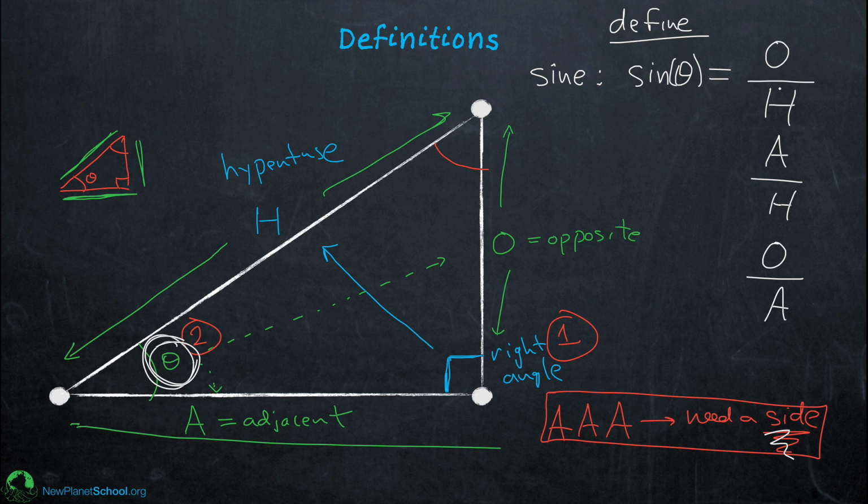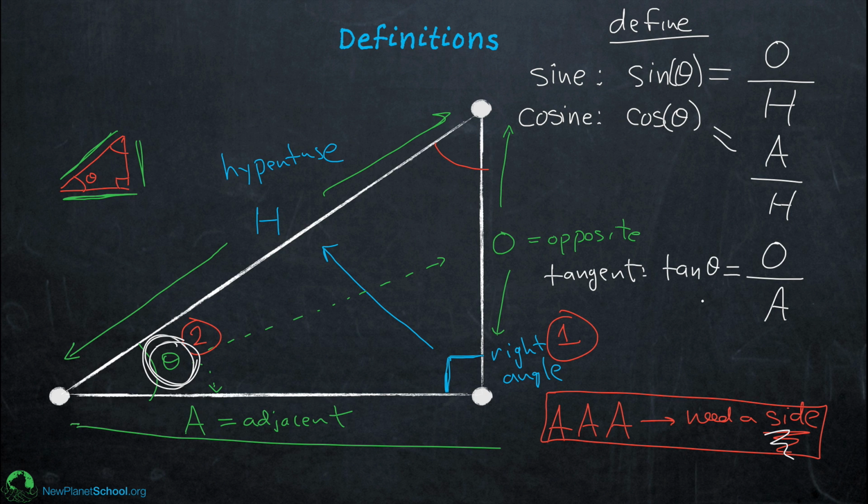Again, I can't get an actual length because I don't have enough information. I'm going to define another function called the cosine, which I will write as cos of theta, and that is equal to adjacent over hypotenuse. And then I will define a third function called tangent, which I'll abbreviate tan of theta, and that equals opposite over adjacent.